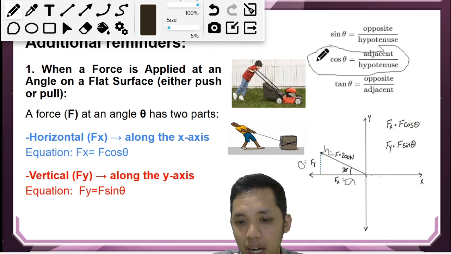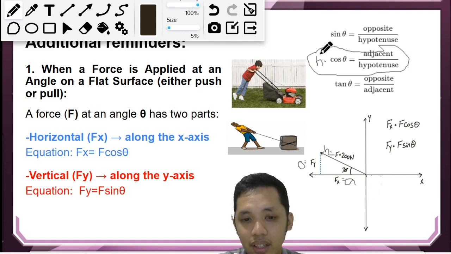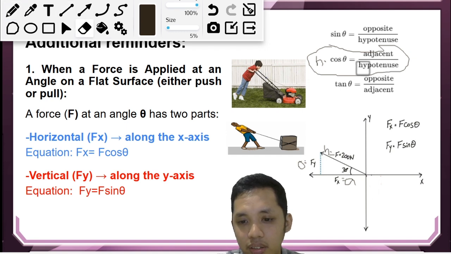So, again, hypotenuse should be on this side, hypotenuse times cosine theta. So, we just remove this hypotenuse on this side, and we just allow adjacent to be alone on that side. So, we remove that.